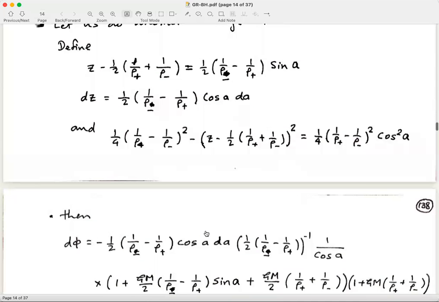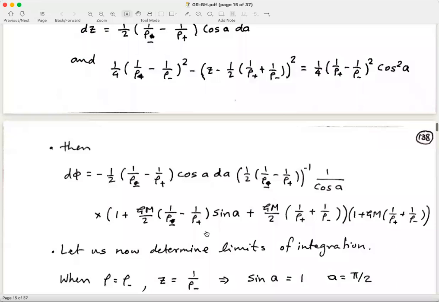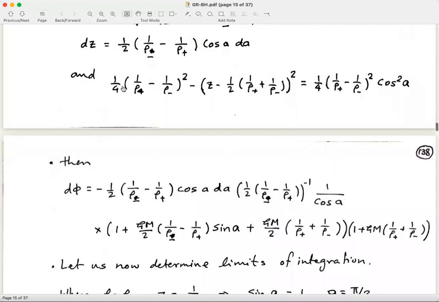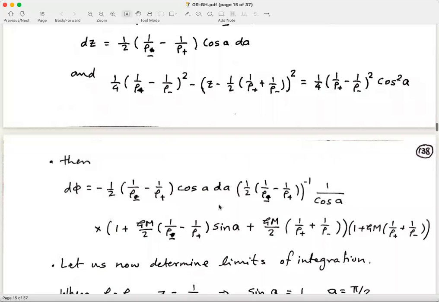Okay, so what you get is various numbers which we of course have to worry about. So d phi is equal to minus half 1 over rho minus 1 over rho plus cos a dA, which is coming from dz, and then the square bracket gives you half 1 over rho minus 1 over rho plus whole inverse times 1 over cos a. So you can clearly see a cos a going away. Okay.